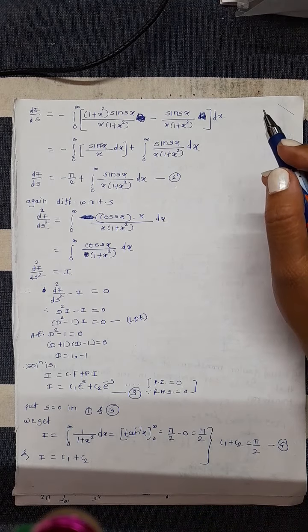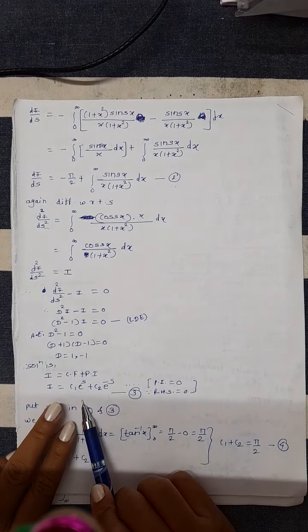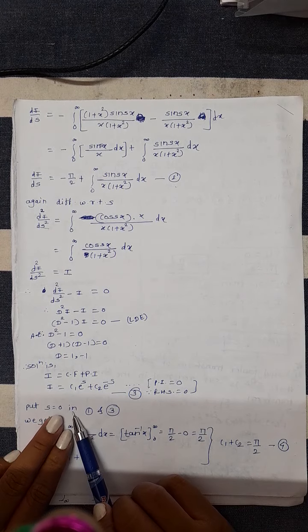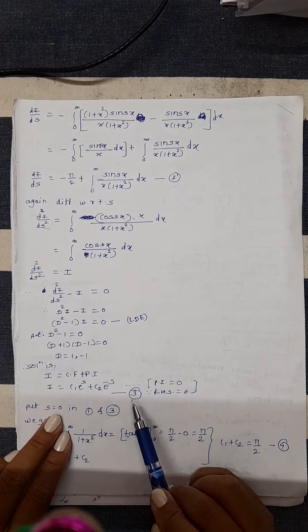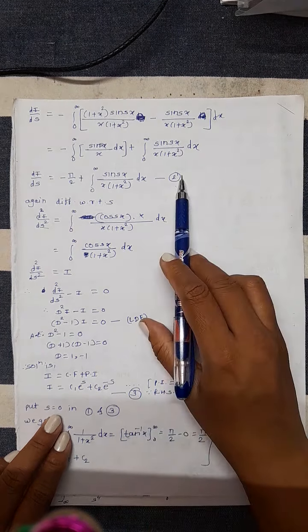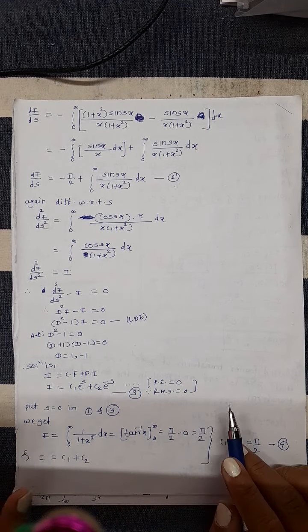To find the other equation in c1 and c2, we have equation number 2, which is the derivative of I. We are going to put s is equal to 0 in equation number 2, and from equation number 3 we are going to differentiate to get dI by ds again, and in that also put s is equal to 0, and equating those two we get the other equation in c1 and c2. Okay, let us see first.